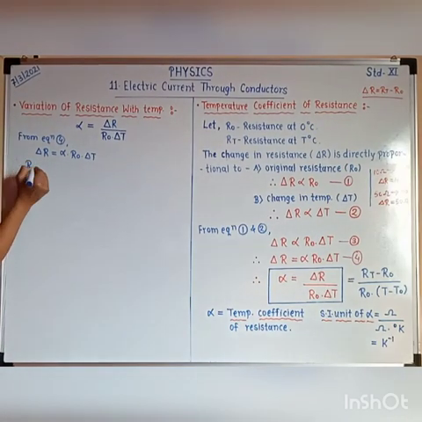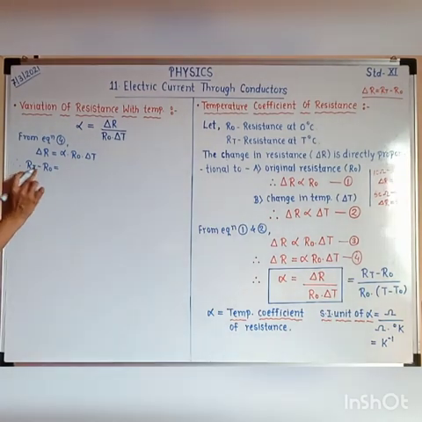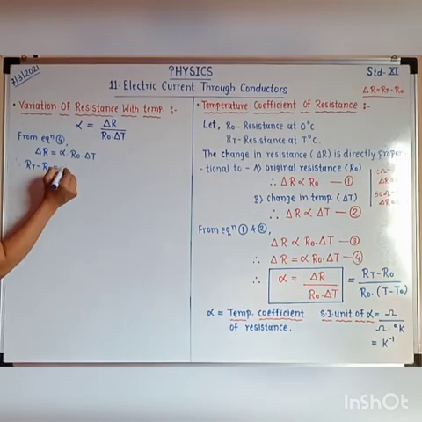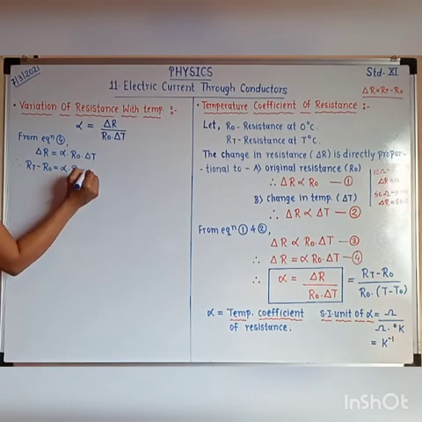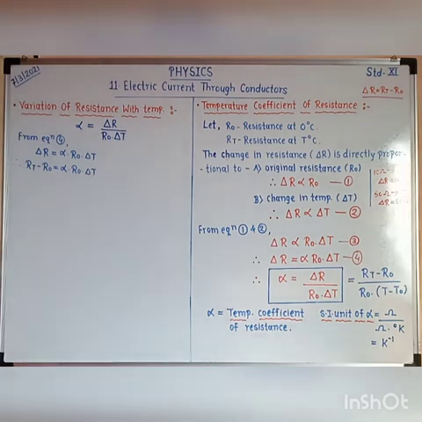So we can write resistance at final temperature, that is RT, minus resistance at initial temperature, that is R0. So RT minus R0 is equal to alpha into R0 into delta T.